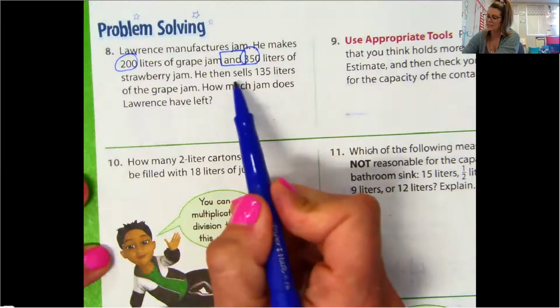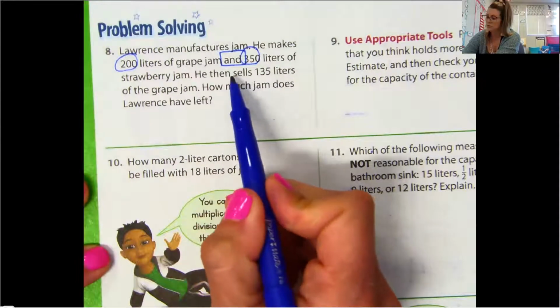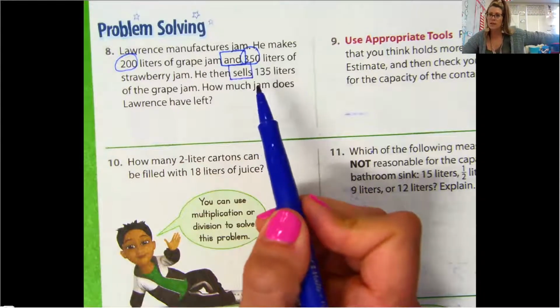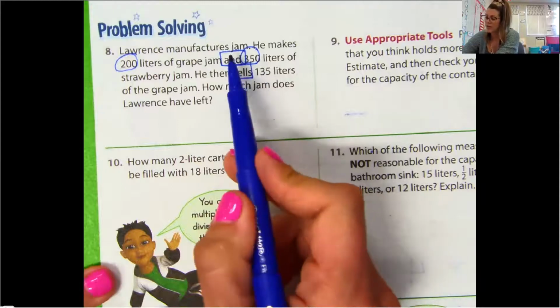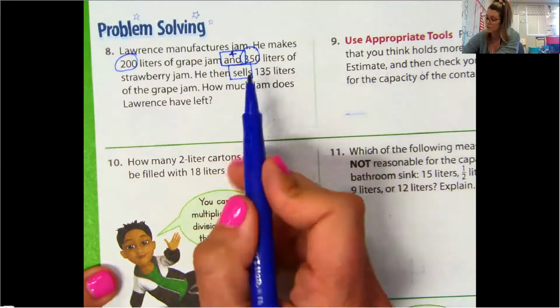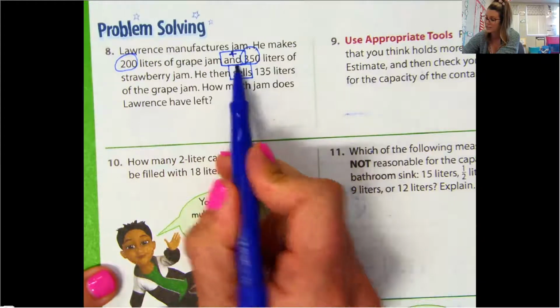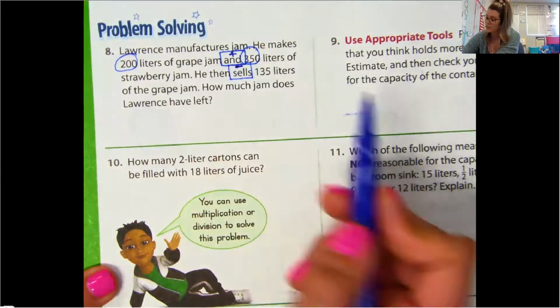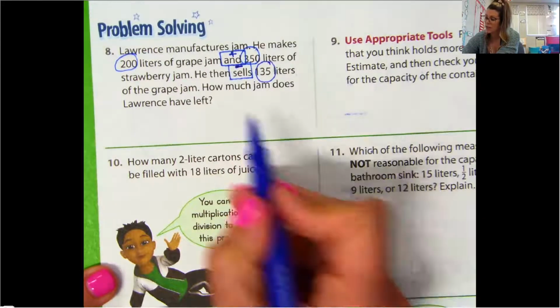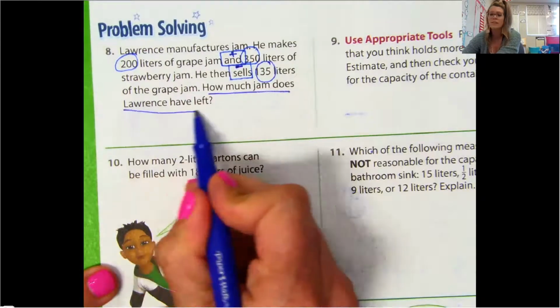He then sells, when you sell something, you're getting rid of it. So we know we're going to have to add. Then, guys, we have a 2-step problem here. Then we're going to have to subtract 135 liters. How much jam does Lawrence have left?